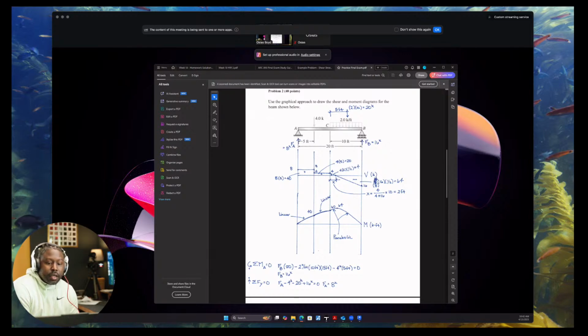Go segment by segment. 4K by 5, 20 kips.